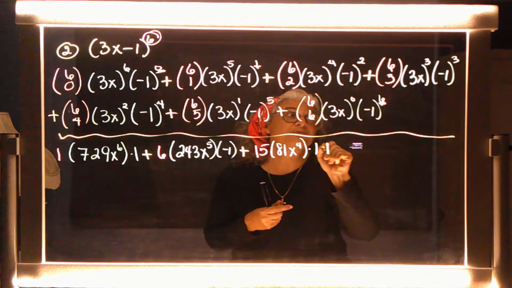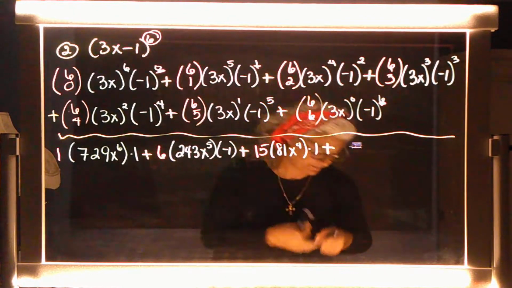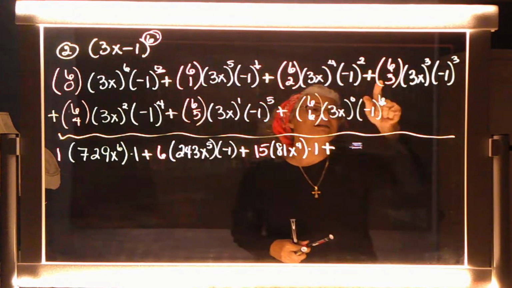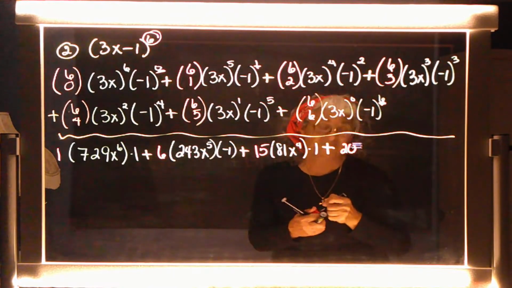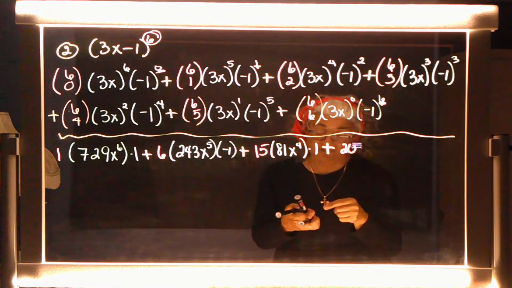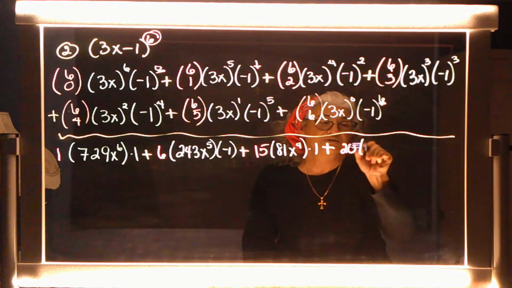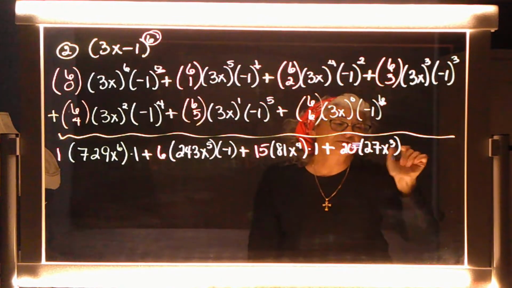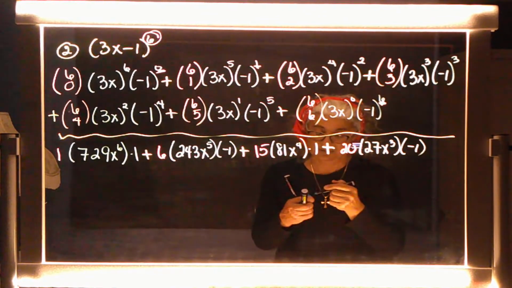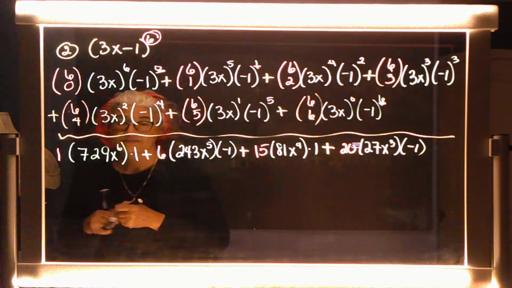Good. Let's keep going. 6 choose 3. Yeah, we got 20. 3x to the 3rd. Good. 27x to the 3rd. And negative 1 to the 3rd. Negative 1. I'm with you.